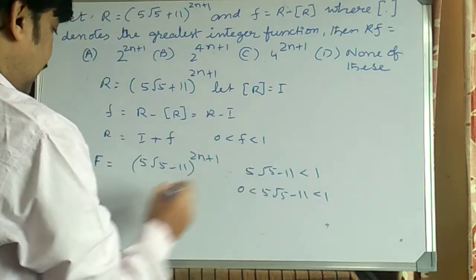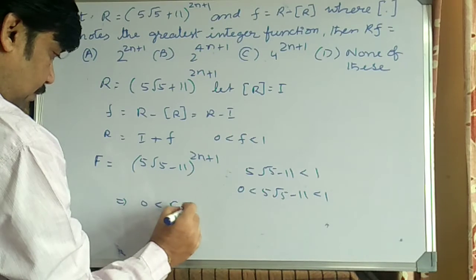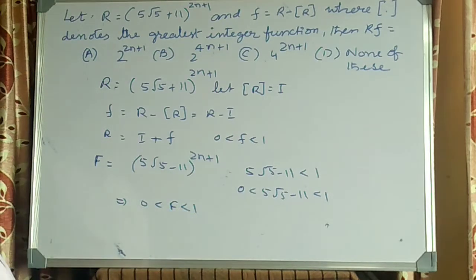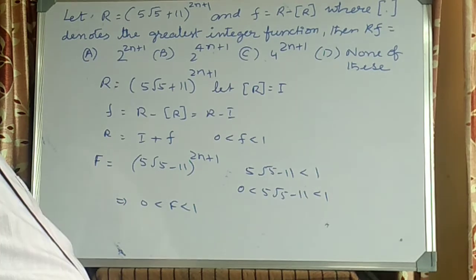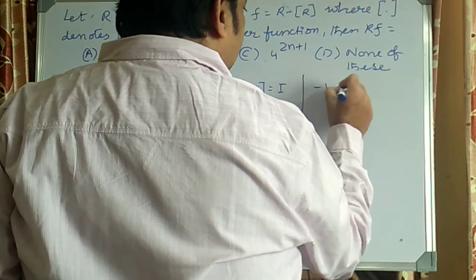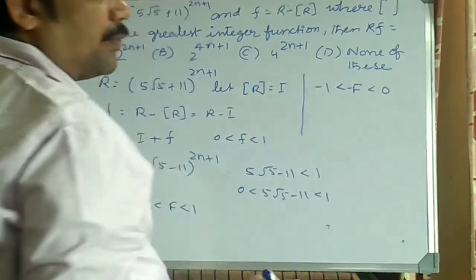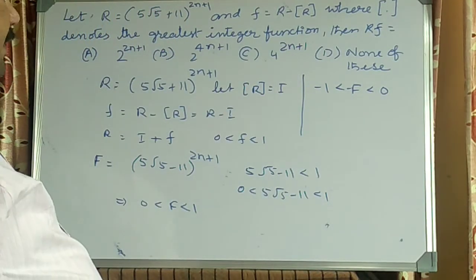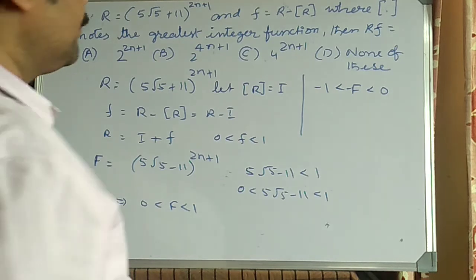Raising to any power, I get less than 1 only. So 0 is less than capital F which is less than 1. This implies again minus 1 is less than minus F which is less than 0.